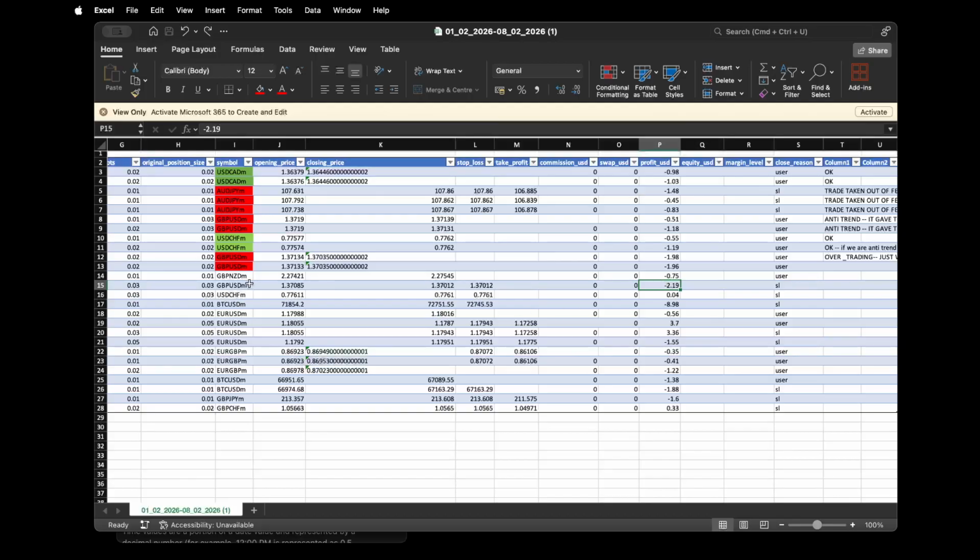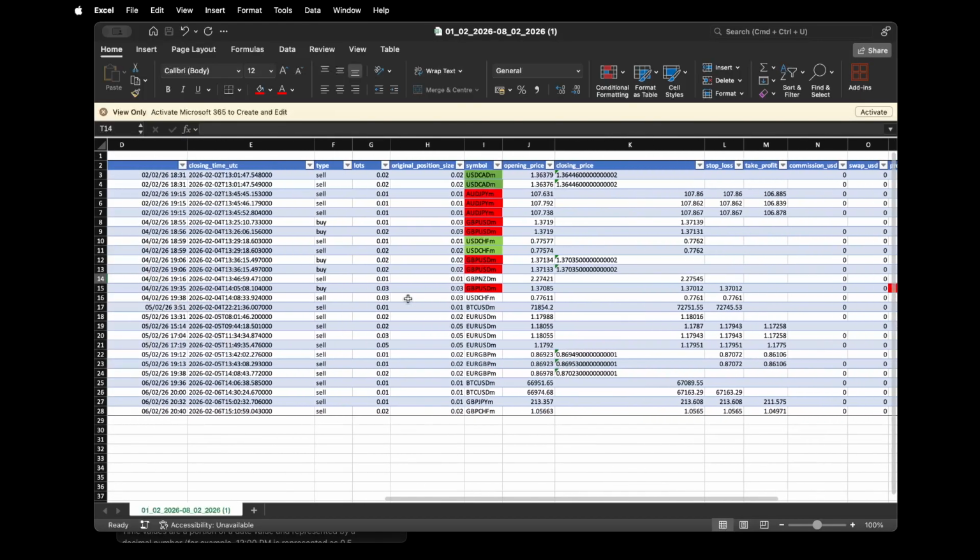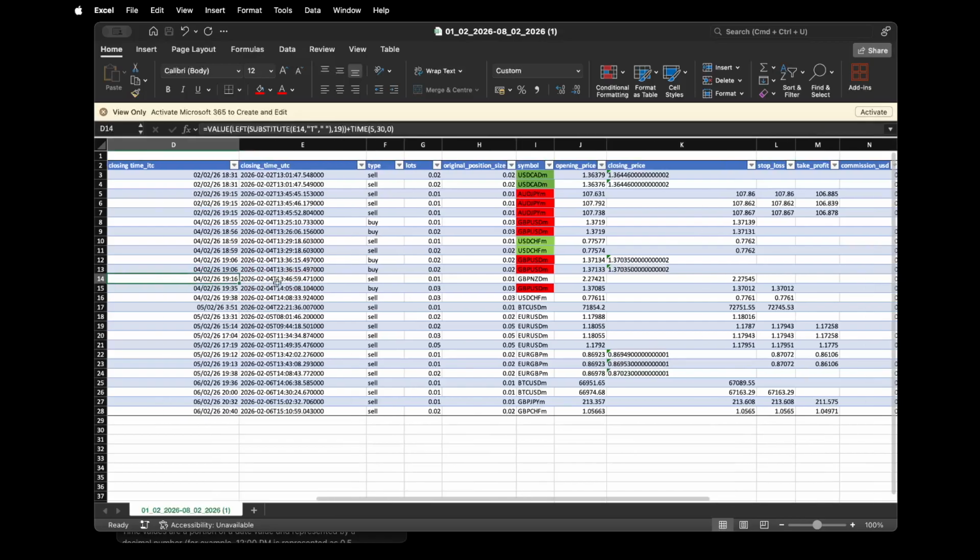This is such a red flag. Seriously, man, seriously overtrading. We just couldn't see the logic, man. So this was just out of frustration.